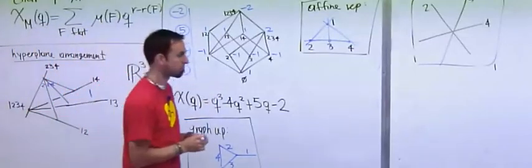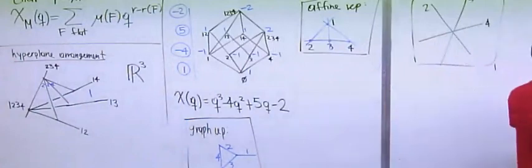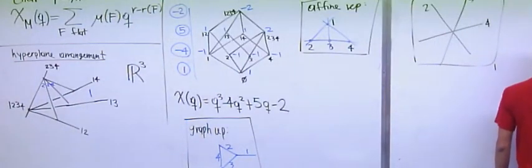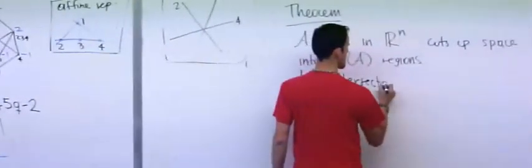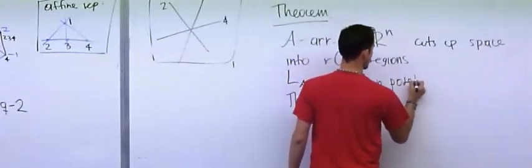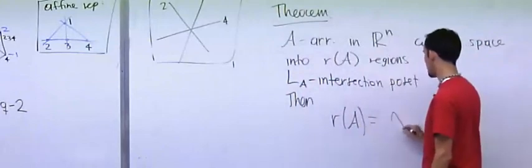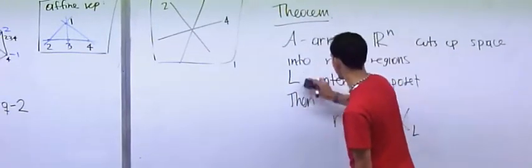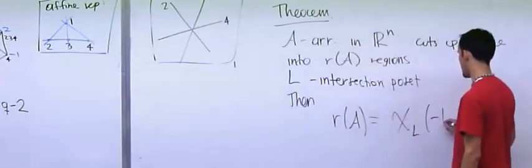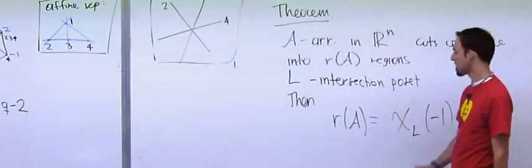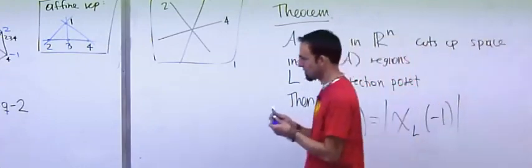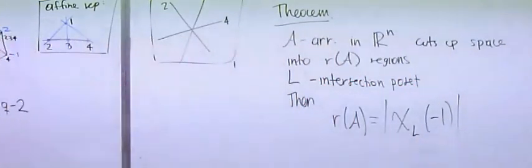So if L sub A is the intersection poset, to get the number of regions, you just take the characteristic polynomial and plug in -1. And if you get the wrong sign, you just change the sign. So this is really a crazy theorem. So you plug in -1 here.